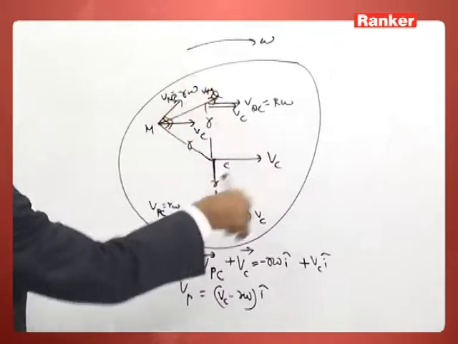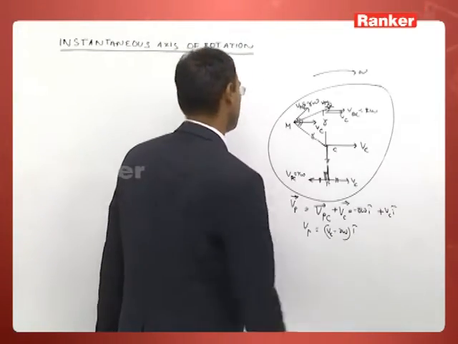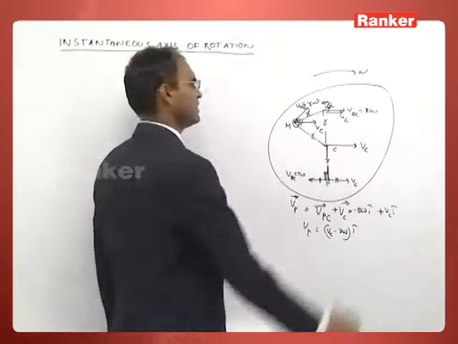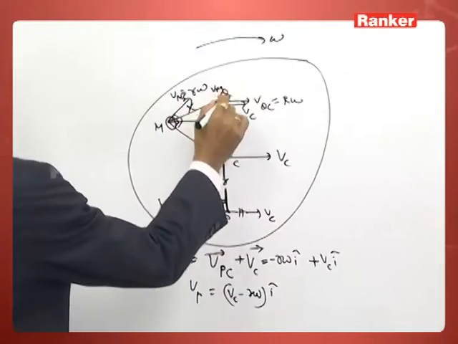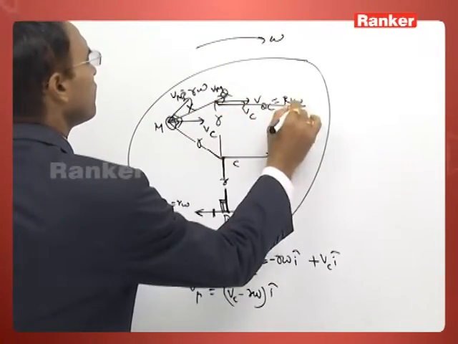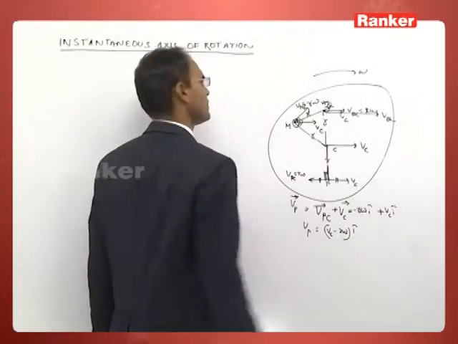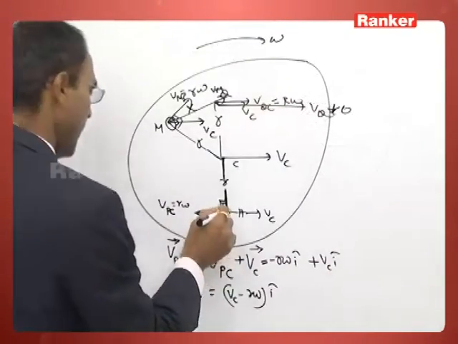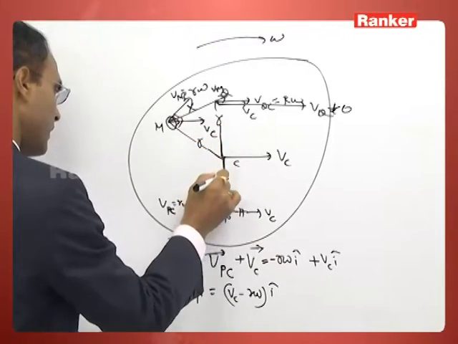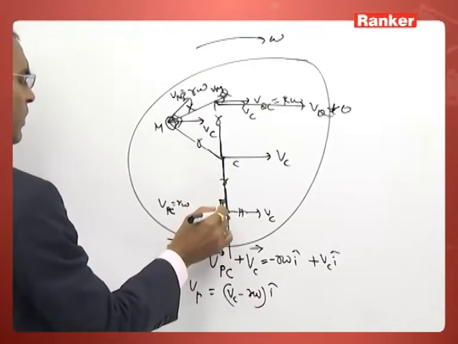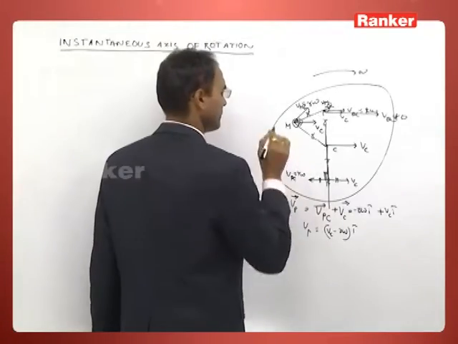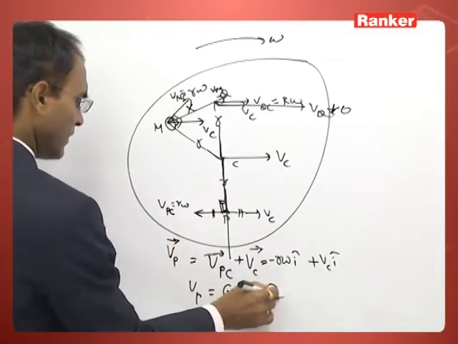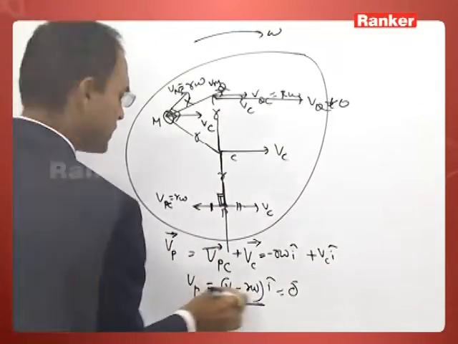So if you take any other point, say M, you cannot get zero velocity. If you take the point Q, these two velocities are added to get the velocity of Q. This is not equal to 0. By inspection we can understand. And you can take a point on this line so that there is a possibility of getting zero velocity.